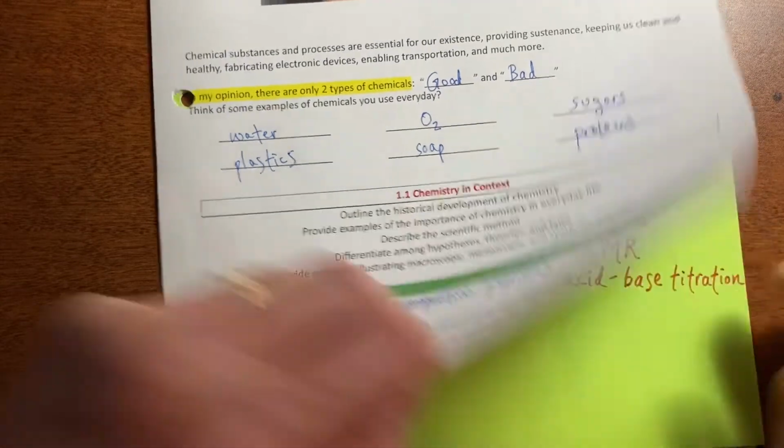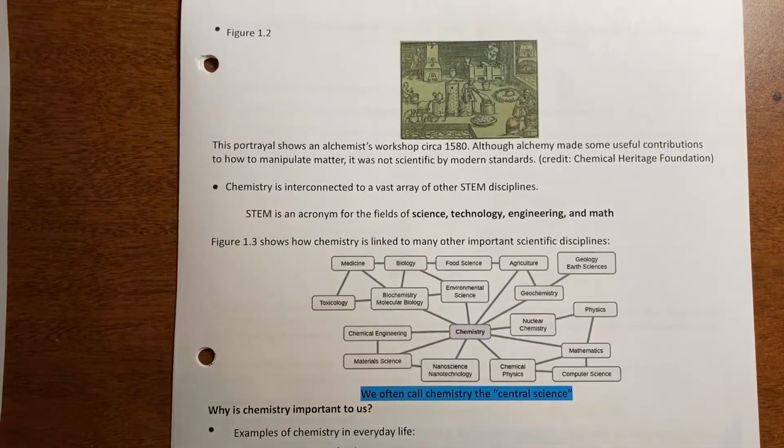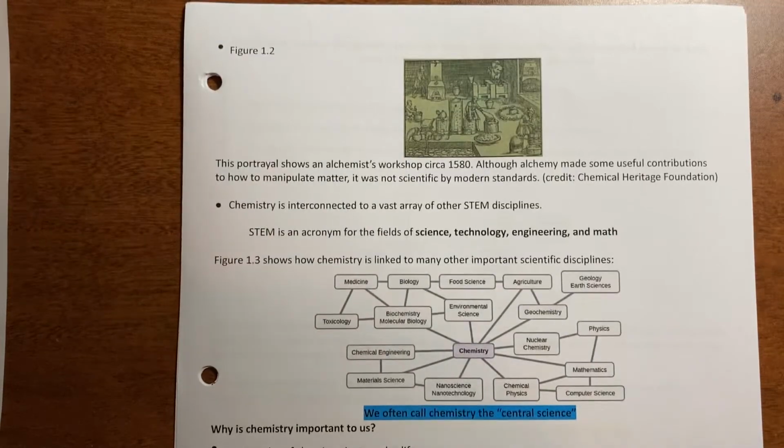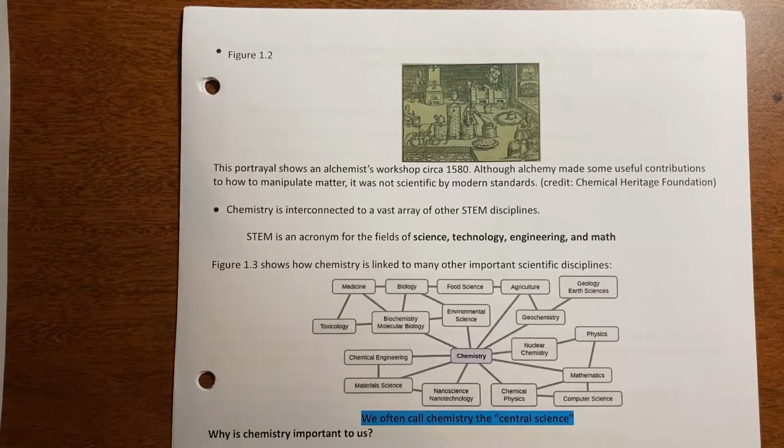Moving on here. I will cover that in a second here. But this is a figure from your book. If you can't see these clearly in the video, you can go to the online textbook. These are figures directly out of the online textbook.